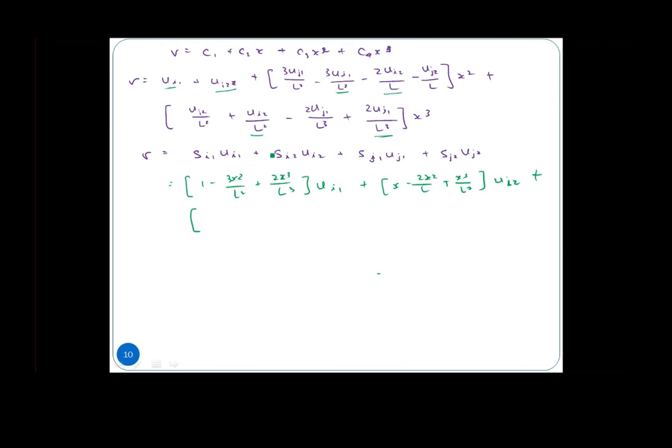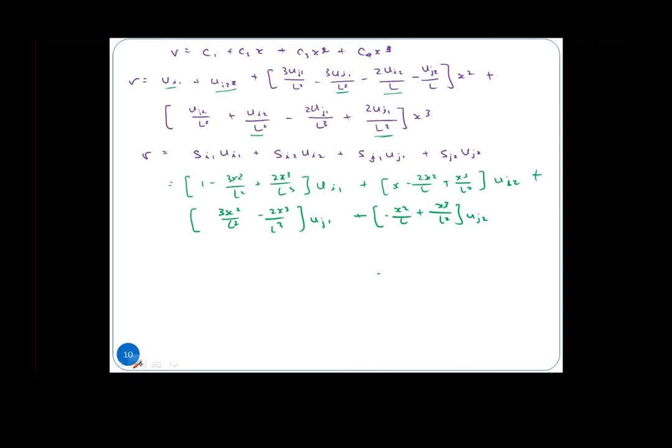Okay, so we rearrange everything. So we have 3x squared over L squared minus 2x cubed over L cubed. So that will relate to uj1 plus minus x squared over L plus x cubed over L squared, uj2.